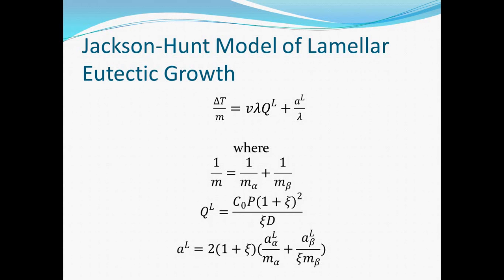Lambda is the lamellar spacing, which is the sum of widths of alpha and beta phases. M alpha is the liquid slope on the phase diagram of the alpha phase, and M beta is for the beta phase. In this system, silver chloride is the alpha phase, and the other is the beta phase. And V is the pulling velocity.